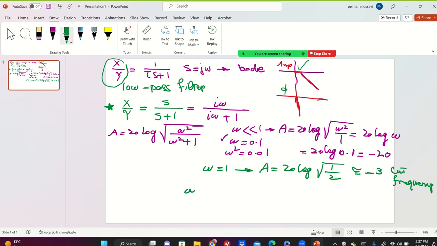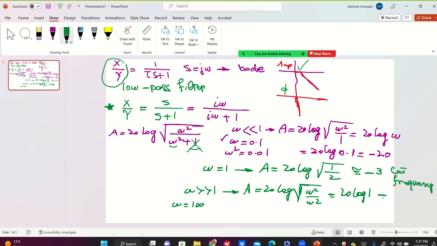And if omega is much greater than 1, say omega is 100, then because omega is greater than 1, I'm gonna ignore the 1. So it's omega square over omega square, which is 1. So 20 log of 1 is gonna be 0. Simple like that.